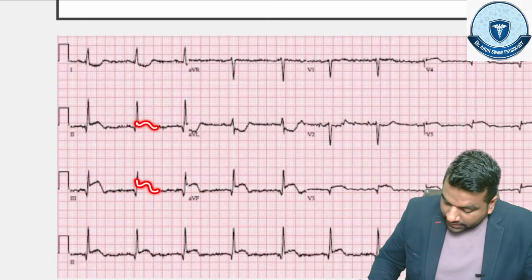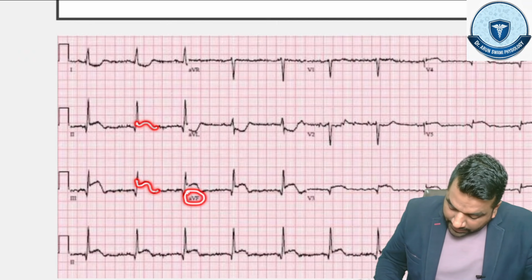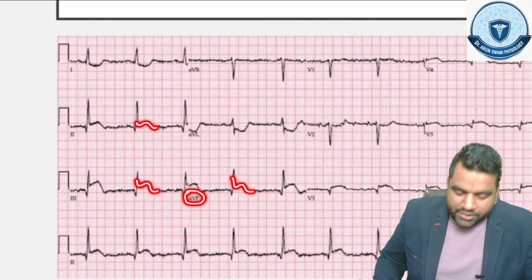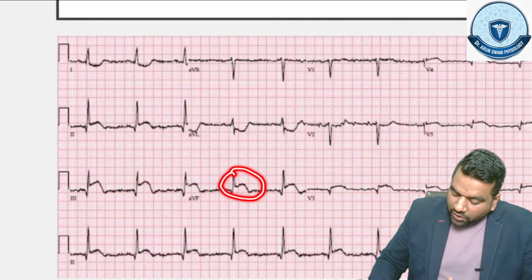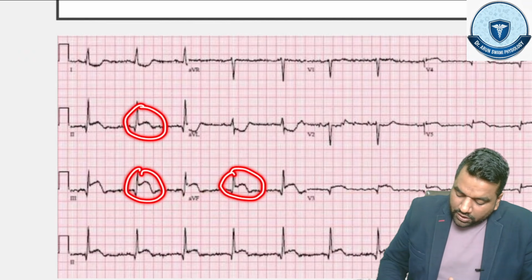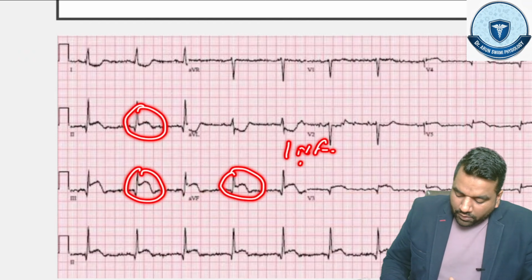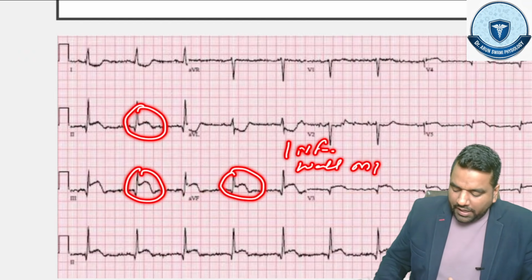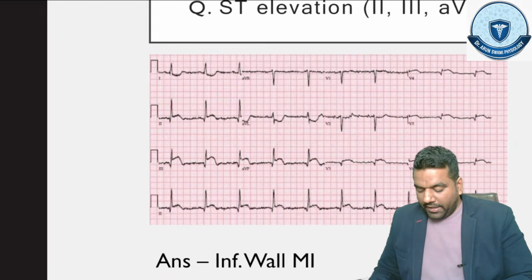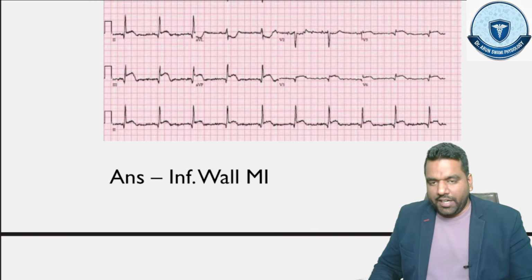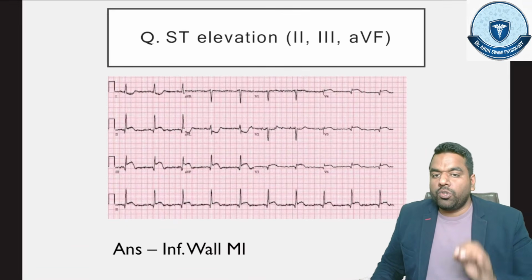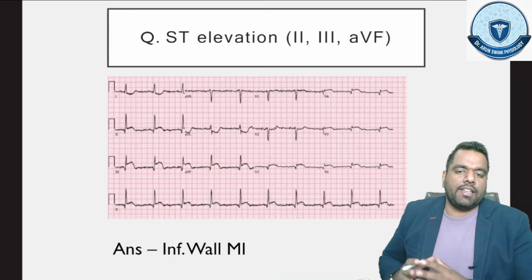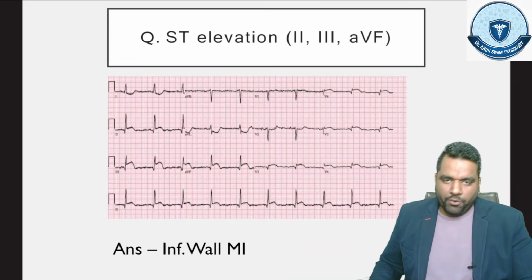And AVF, guys, this is your AVF. Here again you can see the ST elevation. If this is given, guys, this will correspond to the inferior wall MI, right? Mark it with the inferior wall MI. So I hope you can easily appreciate here is ST elevation in 2, 3, AVF, as you can see in the ECG, marked as inferior wall MI.